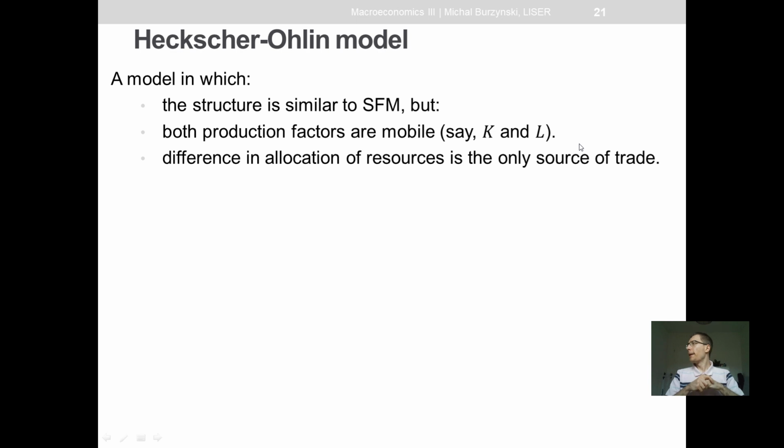So what is important in terms of the Heckscher-Ohlin model is that the motivation for international trade is simply the difference in allocation of resources across the two countries. And this is the only way that the gains from international exchange in goods arise in the Heckscher-Ohlin model.